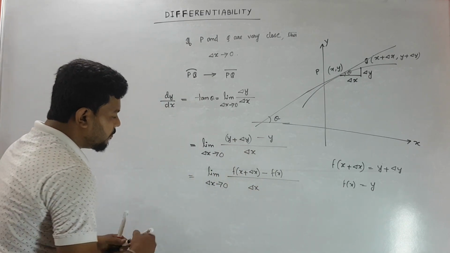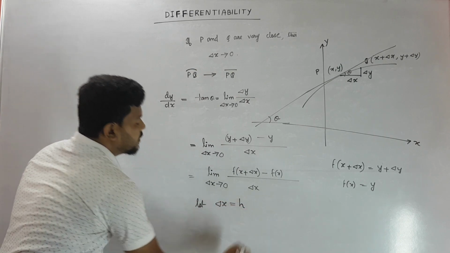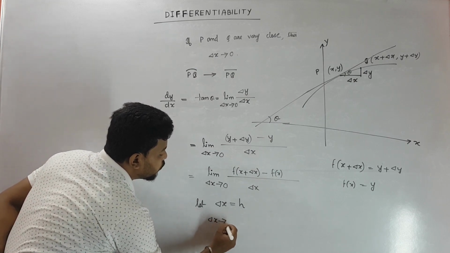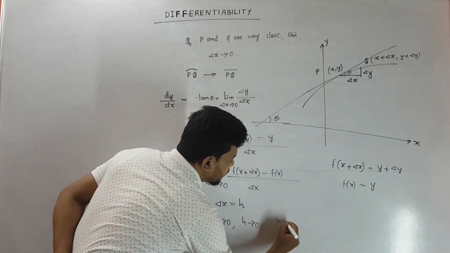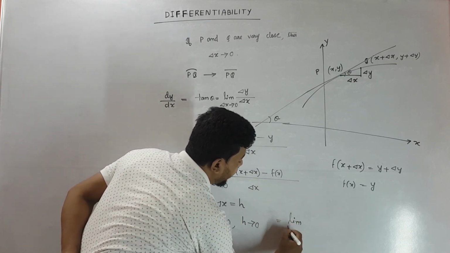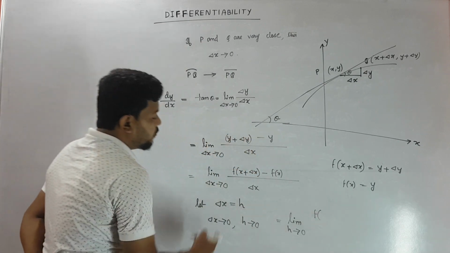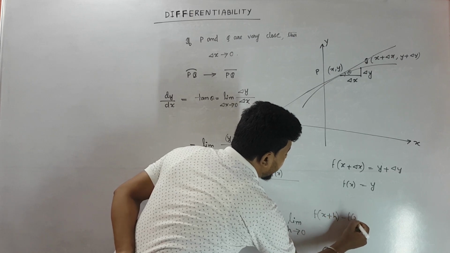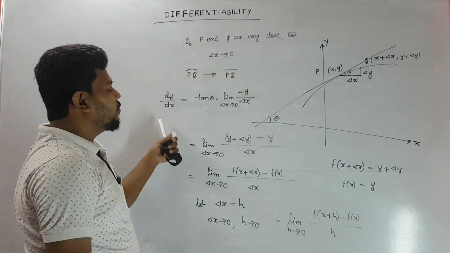Let del x be equal to h. Now, when del x tends to 0, h tends to 0. So you can write this as limit h tends to 0 of f of x plus h minus f of x, by h. This is your value of dy by dx.